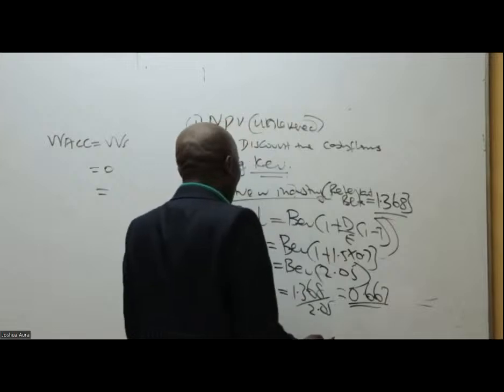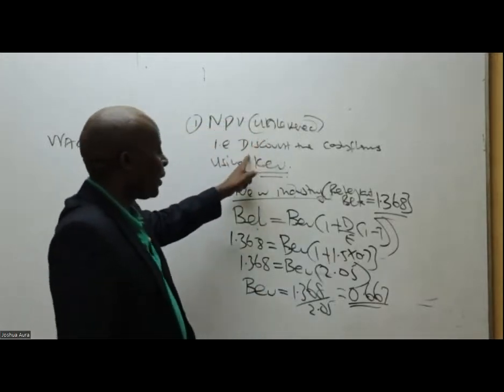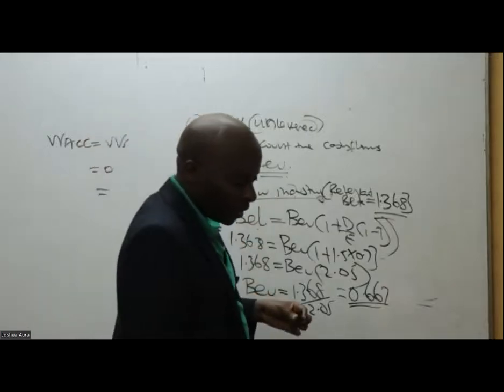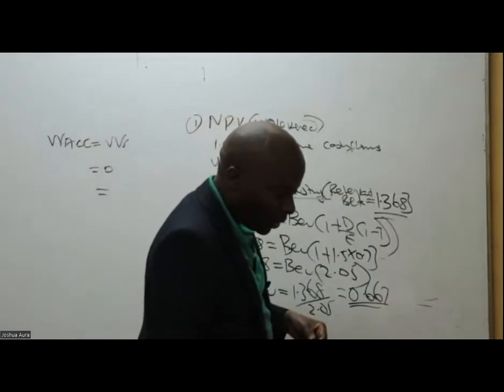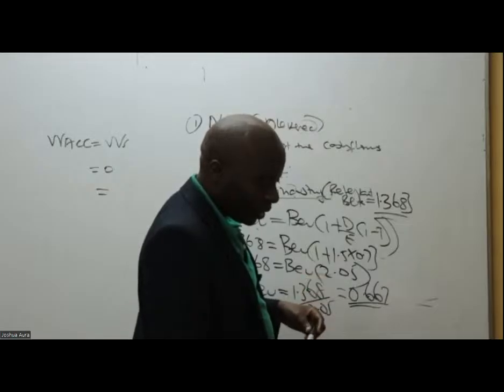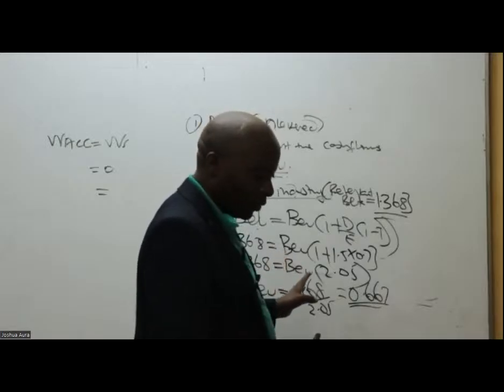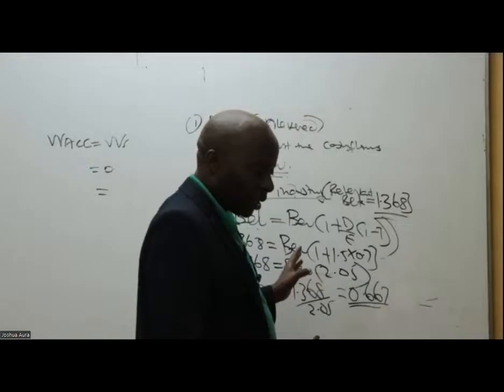So now, if they want me to give this NPV unlevered, this 0.667, I'm being told it is correct. This is the beta equity of the unlevered firm, and the figure is okay.